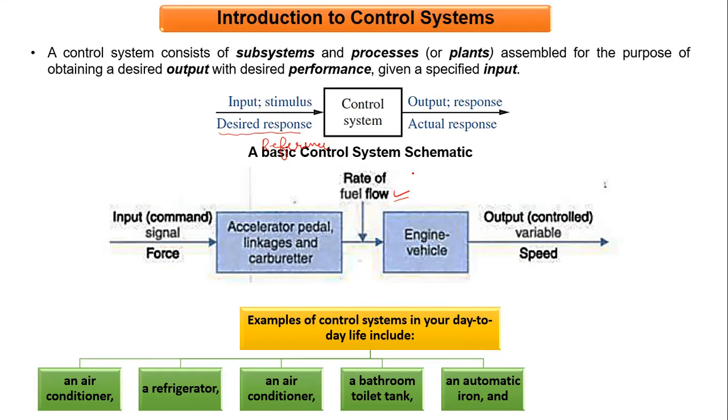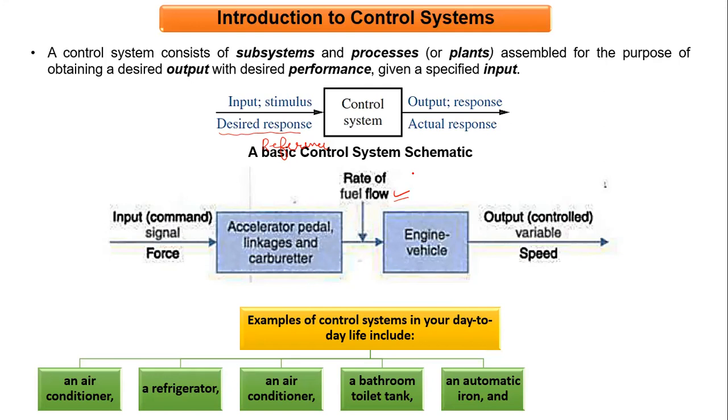Then we have the automatic iron. When you set the automatic iron to a specific temperature value for the specific fabric, when the temperature increases beyond that value, the iron automatically gets cut off from the supply, and when the temperature goes below that value, it is turned on again.